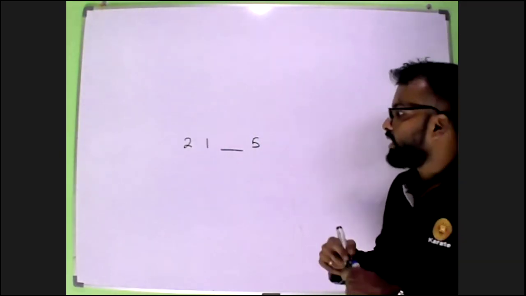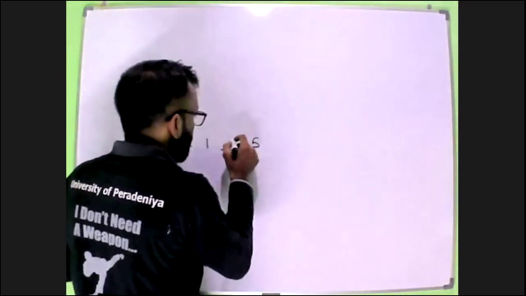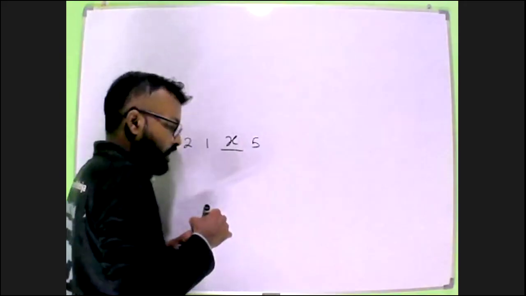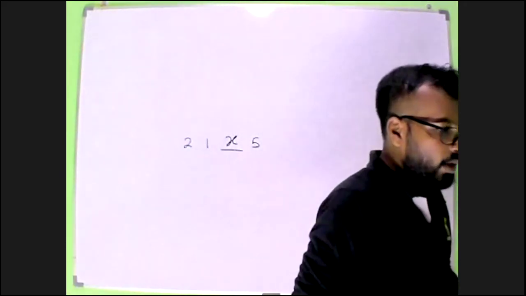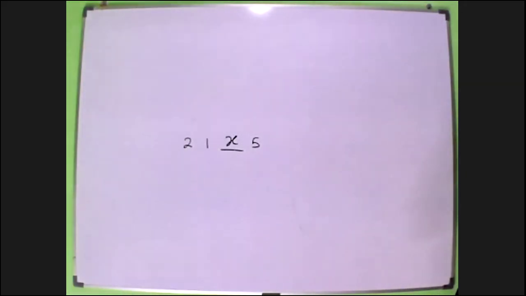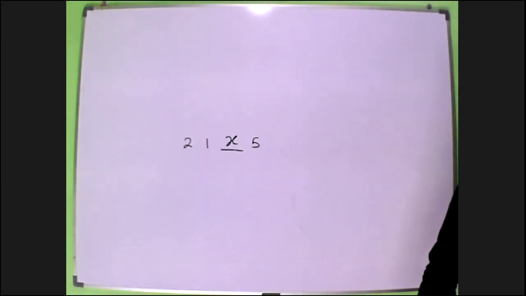So I will take the unknown number as x. If and only if a number can be divisible by 9, its digital root should be equal to 9.